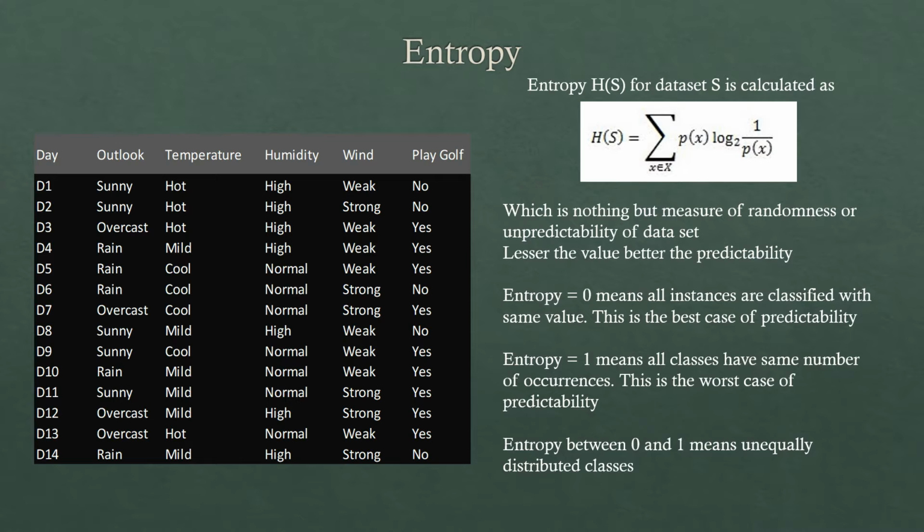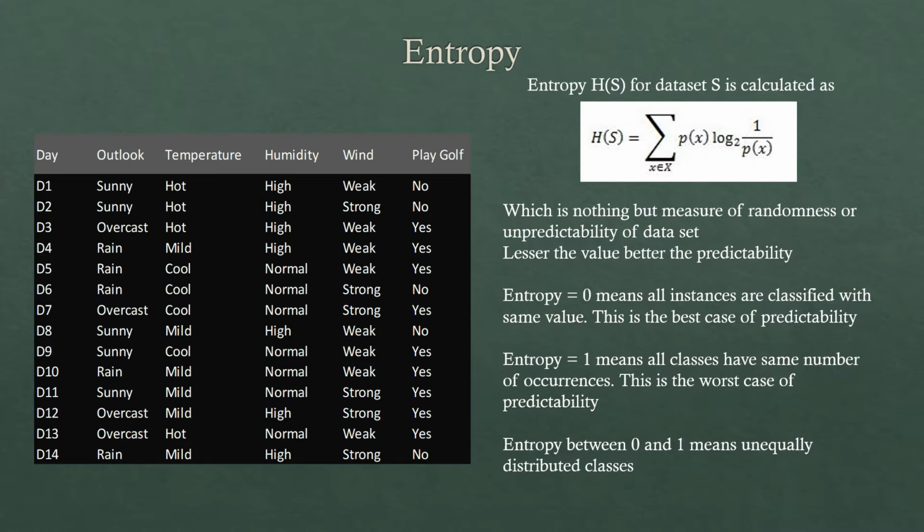First is entropy. Entropy is nothing but a measure of randomness or unpredictability of a dataset. Lesser the value, better the predictability. Entropy is defined on dataset level, therefore it is denoted as H(S), which means entropy of S. Less entropy means less randomness and better predictability.